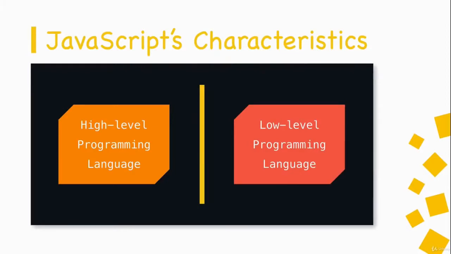High-level programming languages such as JavaScript are closer to human languages. On the other hand, we have low-level programming languages. Assembly language and machine languages are good examples of low-level programming languages. These low-level programming languages are mostly dependent on a specific type of hardware or architecture to run their code on, which means when you write the code on a specific computer, you have to write the code for that specific set of hardware or hardware architecture.